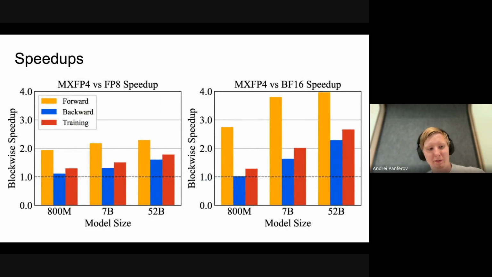So in general, all those optimizations for the quantization itself, for the matrix multiplication, and for those backward pass operation merging allow us to obtain speedups, which again depend a lot on model size, but for 52B models, for example, allow for around 2.2x forward pass speedup over FP8, around 1.5x backward pass speedup over FP8, and around 1.8x training speedup over FP8 when measured on layers, including those quantization operations and matrix multiplication.